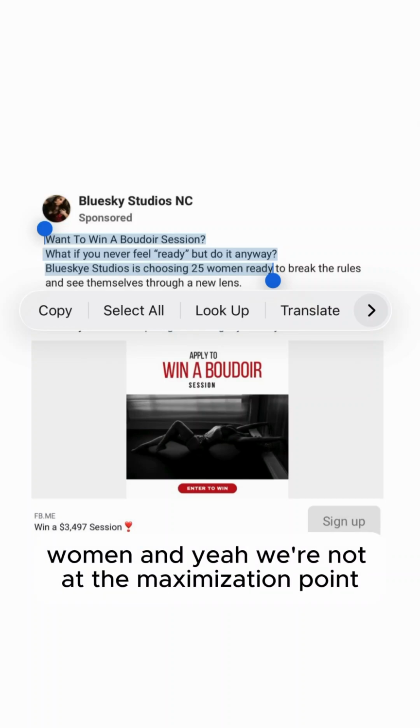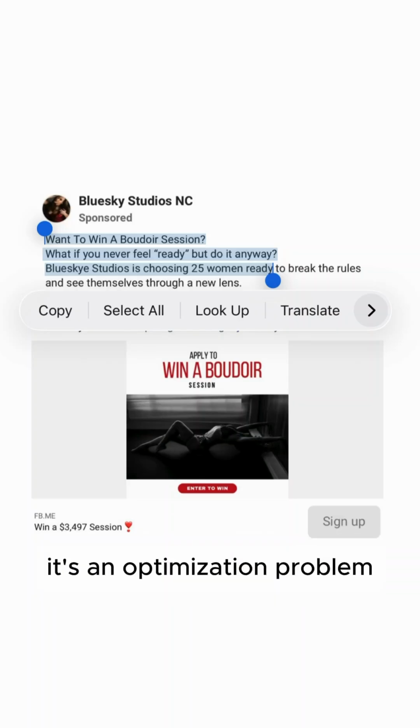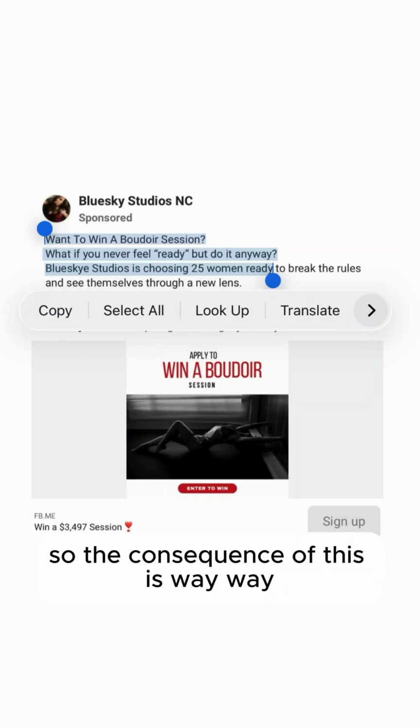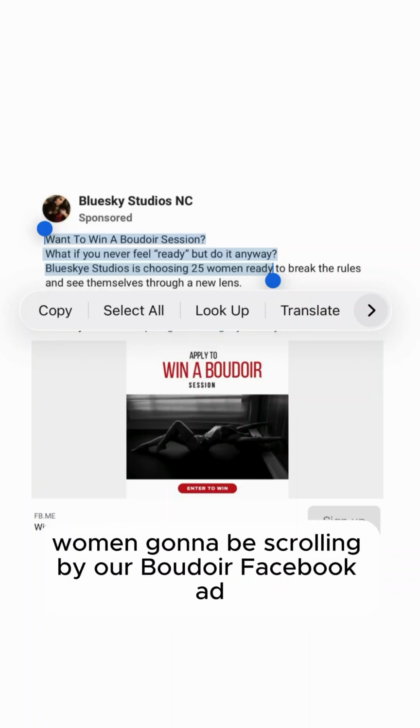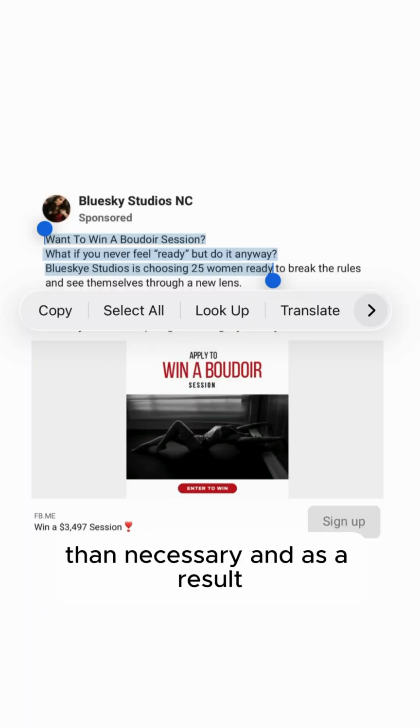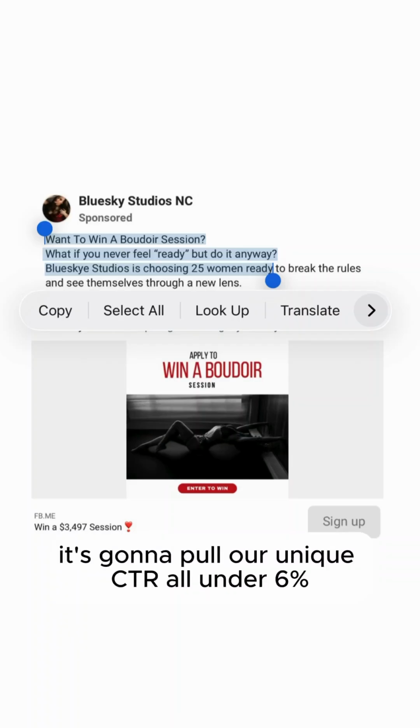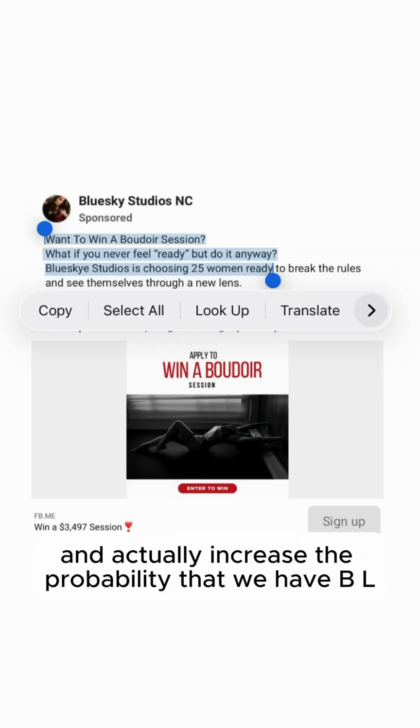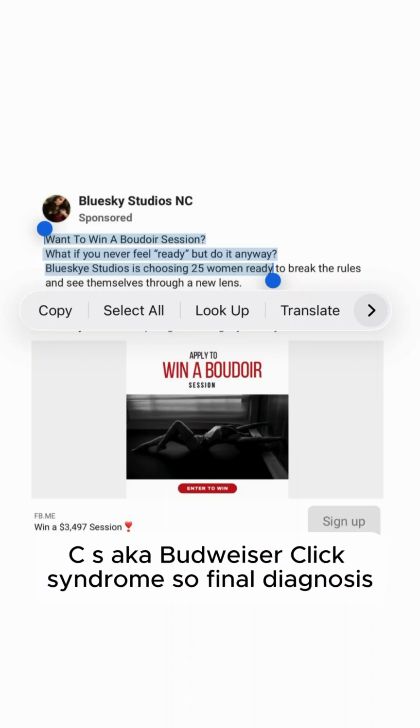And yeah, we're not at the maximization point. It's an optimization problem. So the consequence of this is way, way, way more women going to be scrolling by our Boudoir Facebook ad than necessary. And as a result, it's going to pull our unique CTR all under 6% and actually increase the probability that we have BLCS, aka Boudoir low click syndrome.